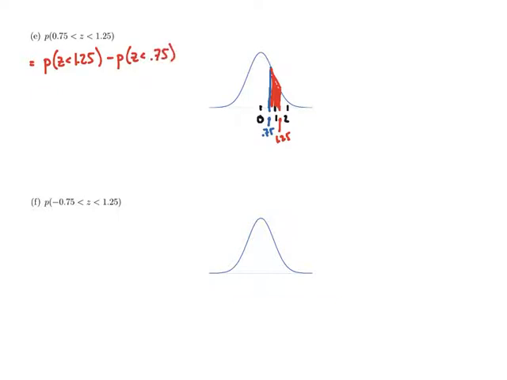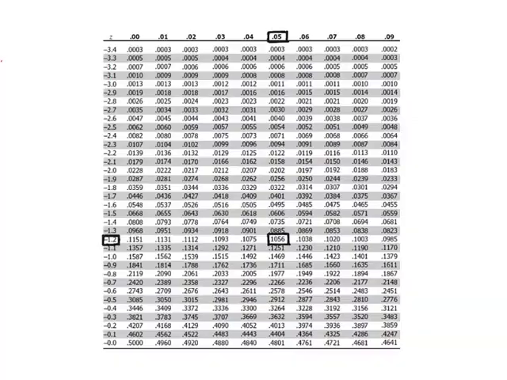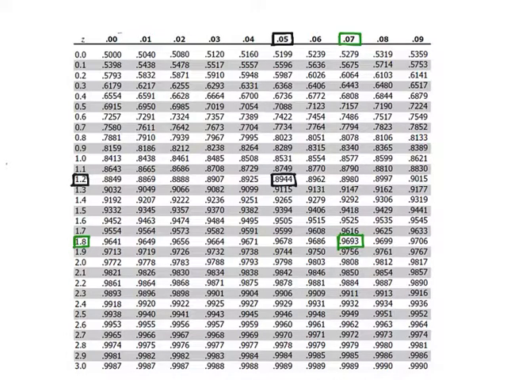All right, so we've done this 1.25 business a few times. That was 0.8944. Let's find z less than 0.75 real quick. So go back to our positive z-score table. Here we're looking for 0.75, which is 0.7734.